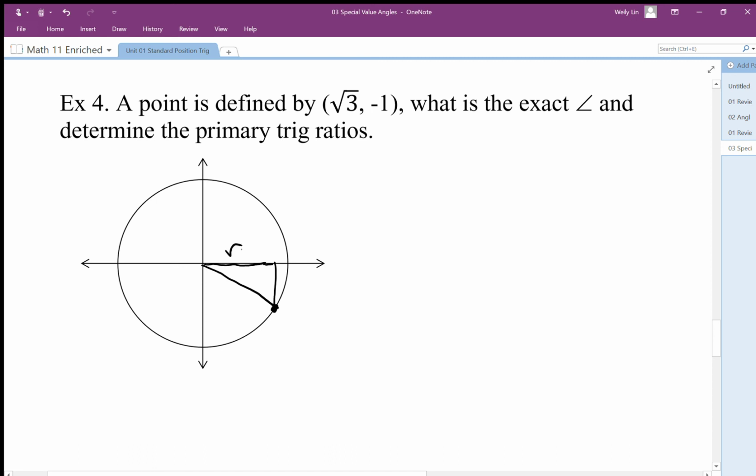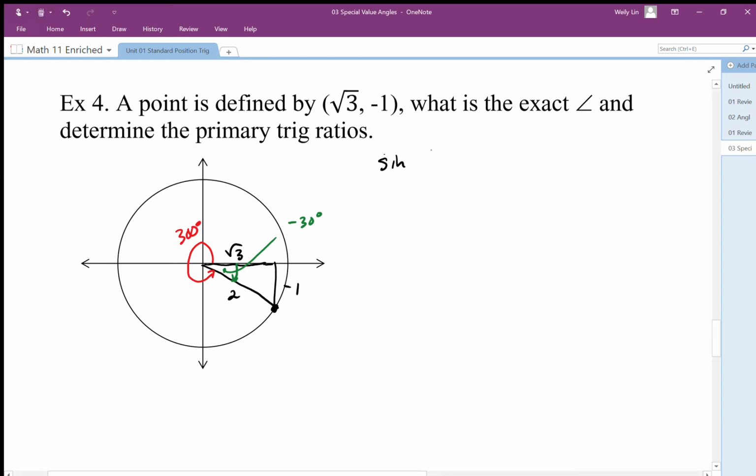So root 3, negative 1, that's going to be radius 2, and we want to know the exact angle here. We can measure this angle two ways. We can measure it in the positive direction, which is 300 degrees, or we can measure the same position as negative 30 degrees, because we're measuring it in the negative direction. Since we have these two sides and we're going to work out the third side, we can work out the primary trig ratios.